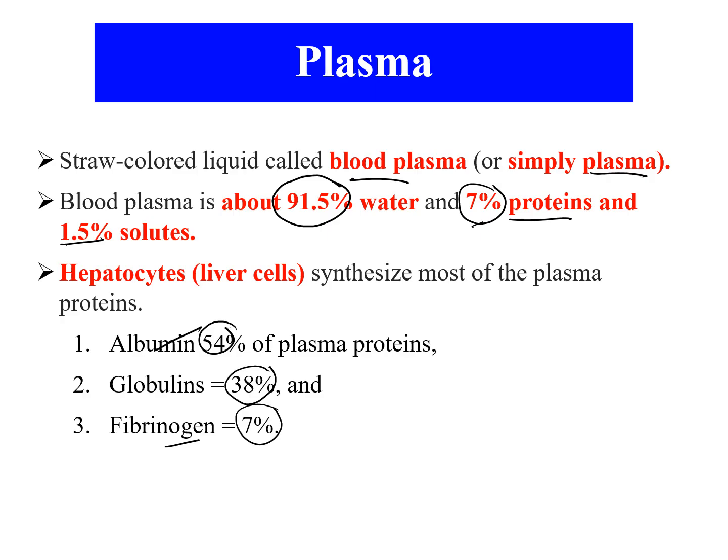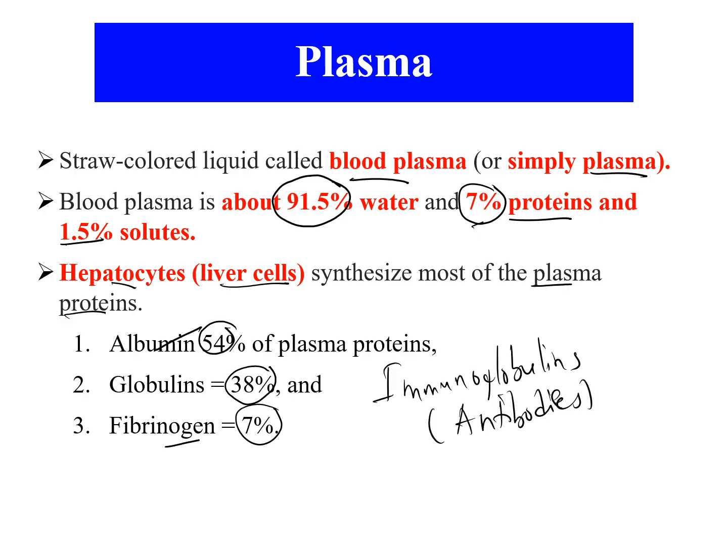These proteins, known as plasma proteins because they are found in plasma, are produced by the liver cells, which are also known as the hepatocytes. However, there's a different type of globulin, which is known as immunoglobulin. Immunoglobulins are antibodies.